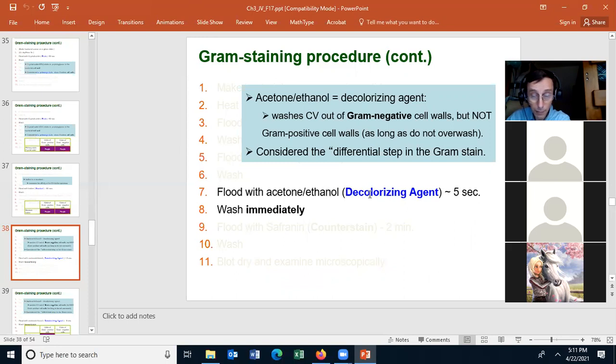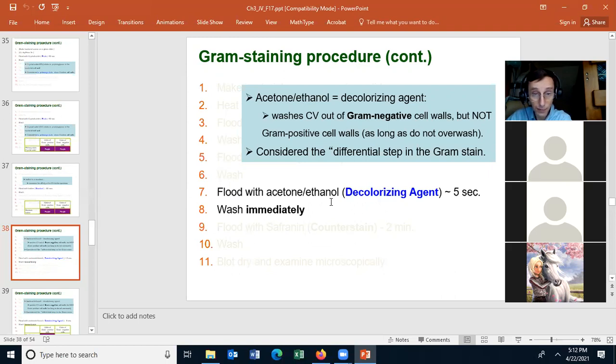For ethanol, you apply it for many seconds longer, and I don't remember if it was 30 seconds or a minute, something like that. And that's because ethanol is not as strong of a decolorizing agent as acetone and ethanol.